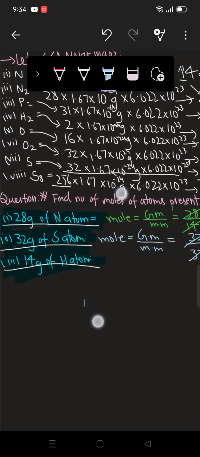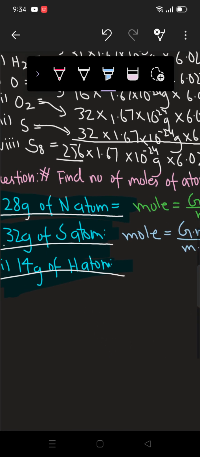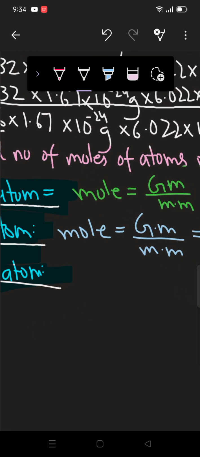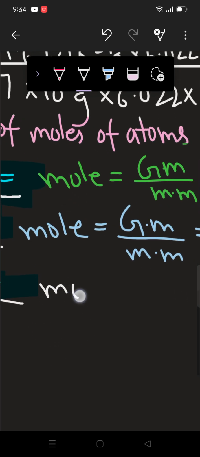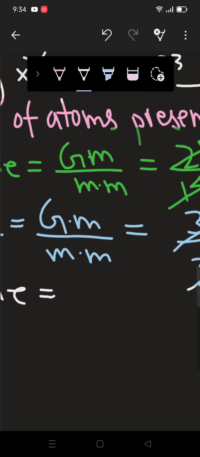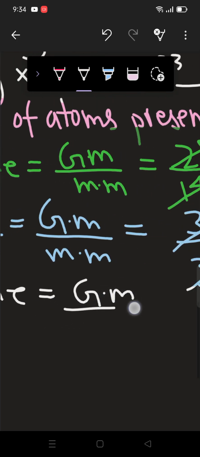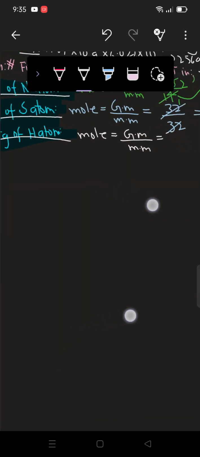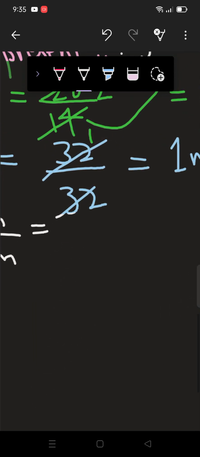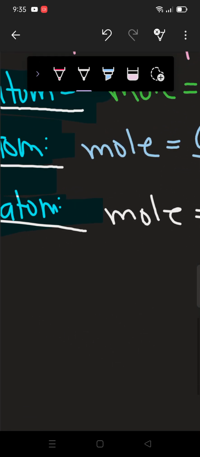Last but not the least, how many moles are present in the 14 gram of hydrogen atom? So mole is equal to given mass per molar mass. The given mass is already given in the question, and that is 14 gram, right? 14 gram upon the molar mass of hydrogen. We know that the mass of one hydrogen atom is 1 AMU.